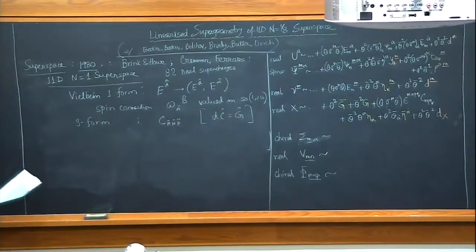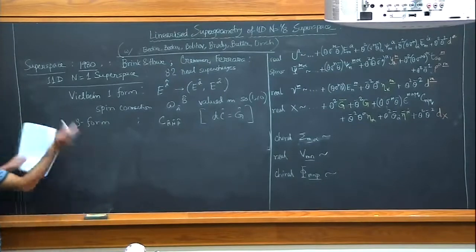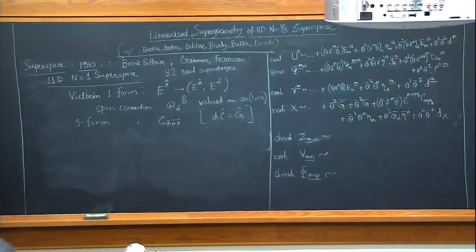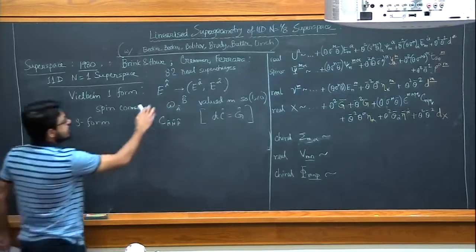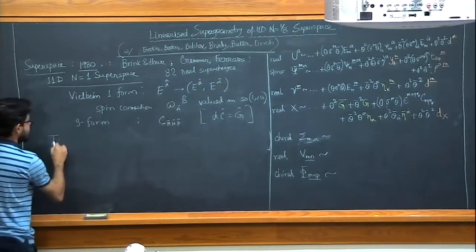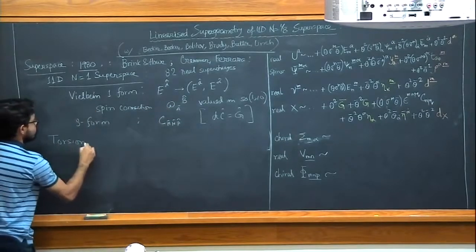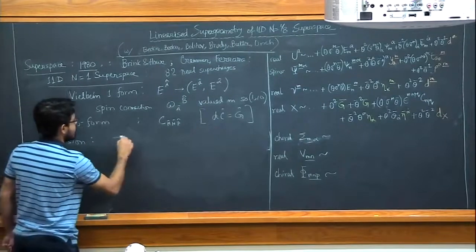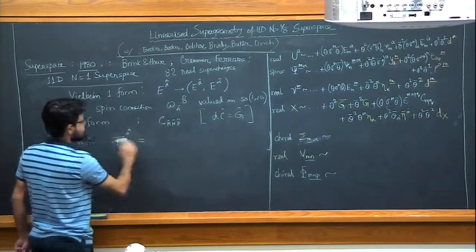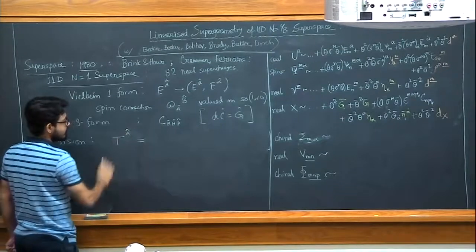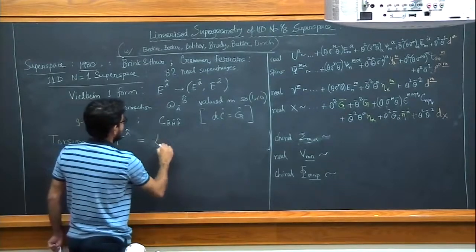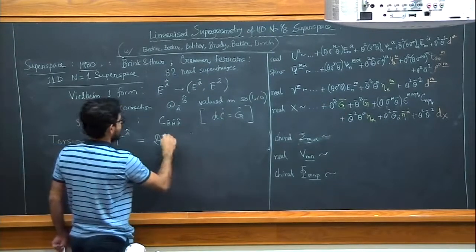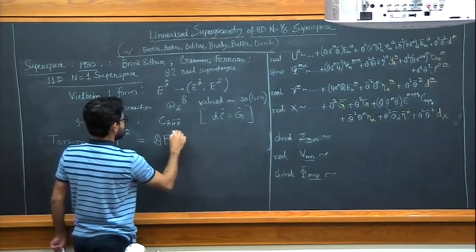Very good. So in any theory of superspace supergeometry, from the frame you define the torsion. Torsion is defined as, this is very standard textbook stuff, the Lorentz covariant exterior derivative of the frame.